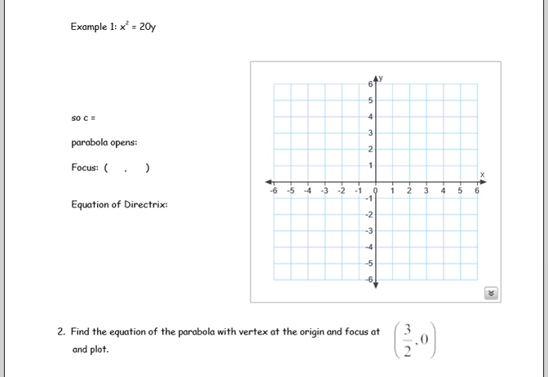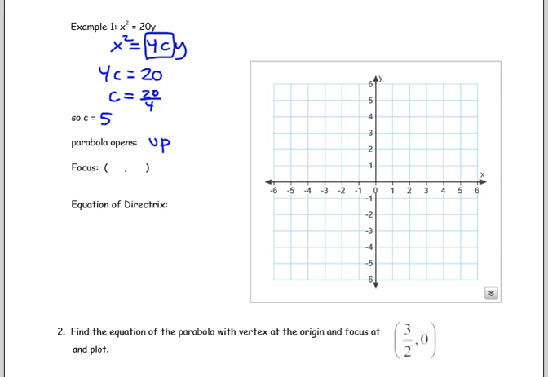The first thing you realize is that your original equation is 4cy. So you can see that here 4c is equal to 20. That means c is equal to 20 divided by 4. c is equal to 5. So it's positive, which means that your parabola will open up.